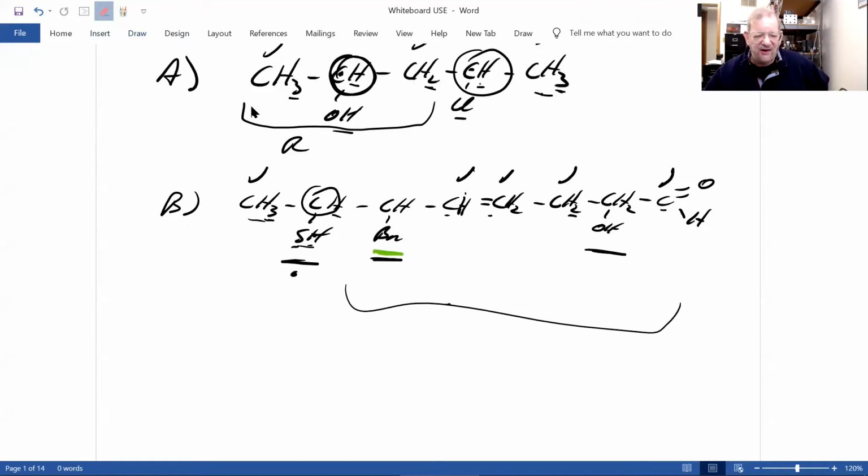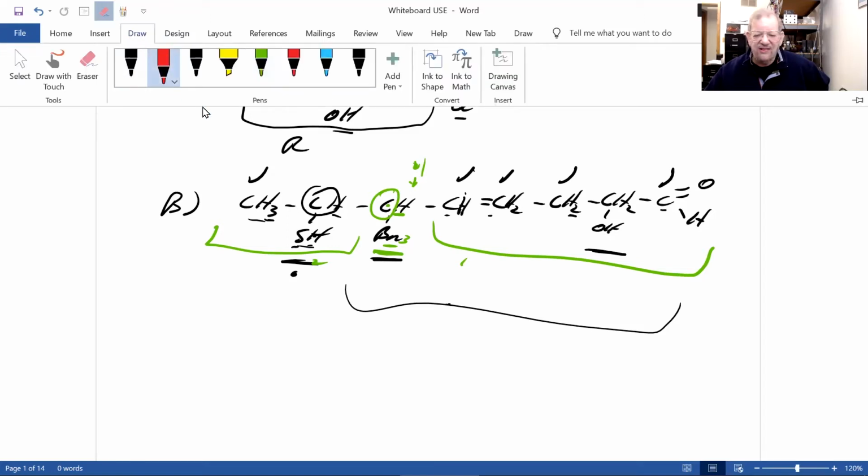If we look at this carbon, sorry about that, technical difficulty, I don't know why. It's been good to me all semester. All right, this carbon has hydrogen, bromine, this whole group here, and this whole group here. It's different. 1, 2, 3, 4 different atoms or groups of atoms, and therefore that's chiral.